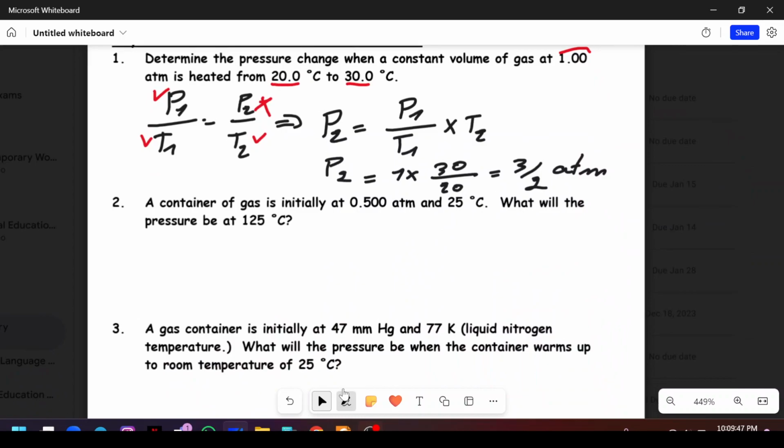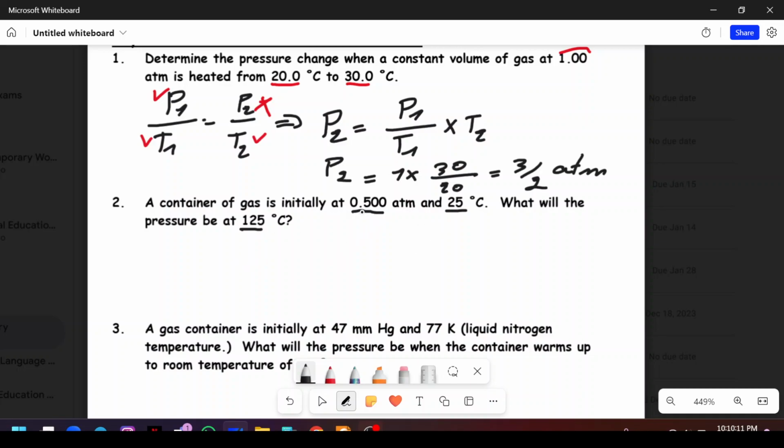For the second example, a container of a gas is initially at 0.500 atmospheres at 25 degrees C. What will the pressure be at 125? So the same, we have the first pressure, the first temperature and the final temperature.